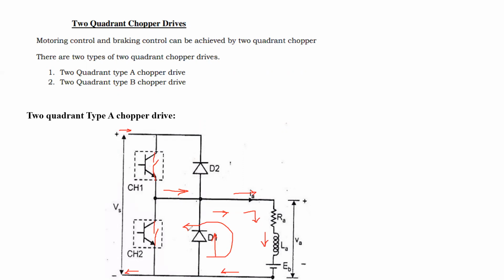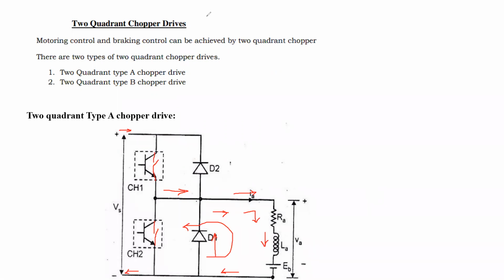So one is motoring mode and the second one is braking mode. Whenever the current is negative, that means in reverse direction, we are providing the braking for the corresponding drive. When the current is positive, you are providing motoring control for the corresponding drive. It is the basic difference between motoring and braking with respect to currents.